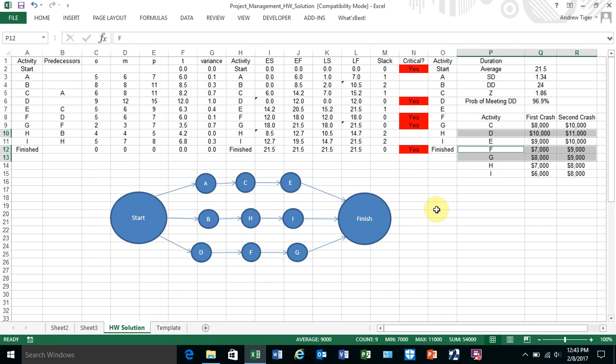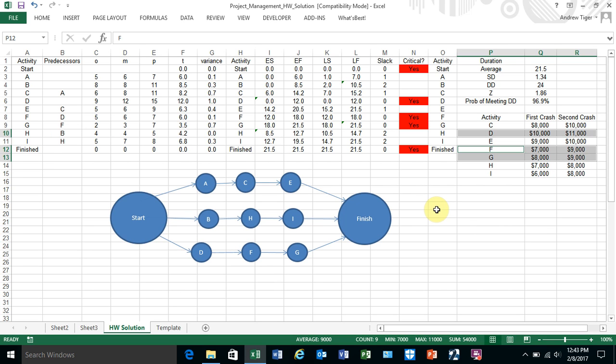Well, it's activity F. So if you were going to crash one, just to reduce this by 1, activity F is what you would be focused on because it's the cheapest one to crash. Okay, that should be enough information to do the homework as what we covered in class.